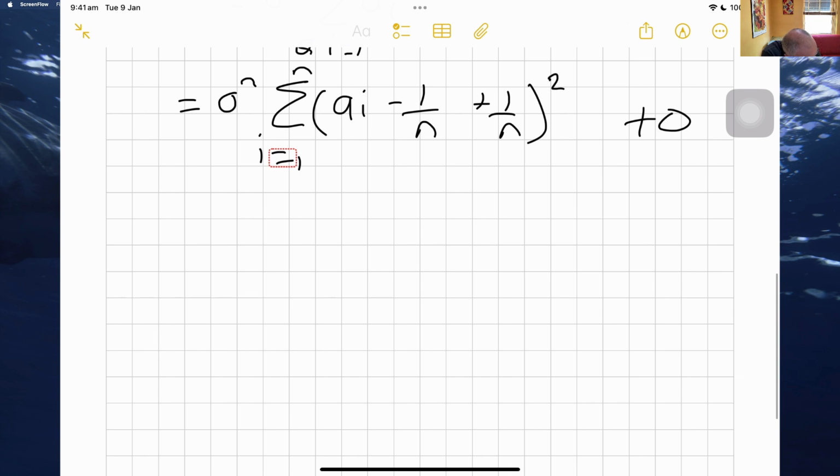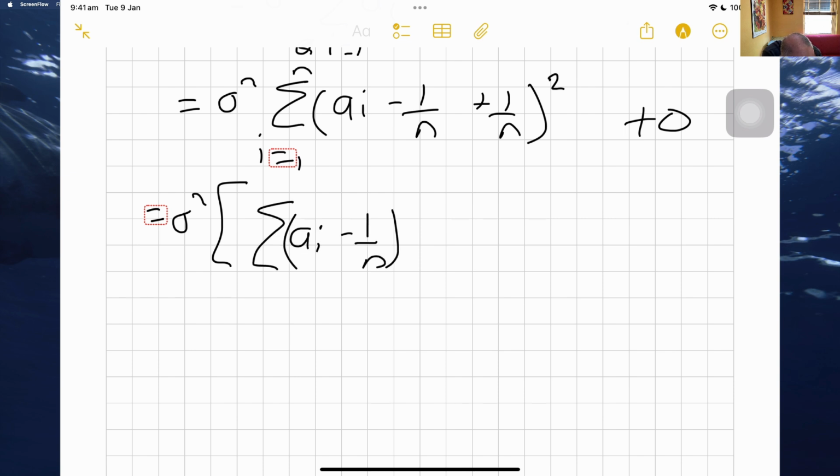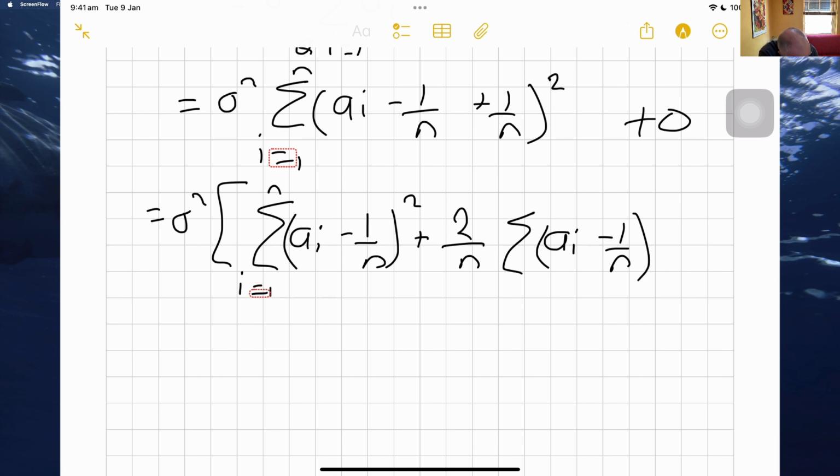Now we can expand this, and we will basically get sigma squared times the summation of ai minus 1 over n, all squared, plus 2 times the summation of ai minus 1 over n times 1 over n, which is the cross product, plus the summation as i goes from 1 to n of 1 over n squared.